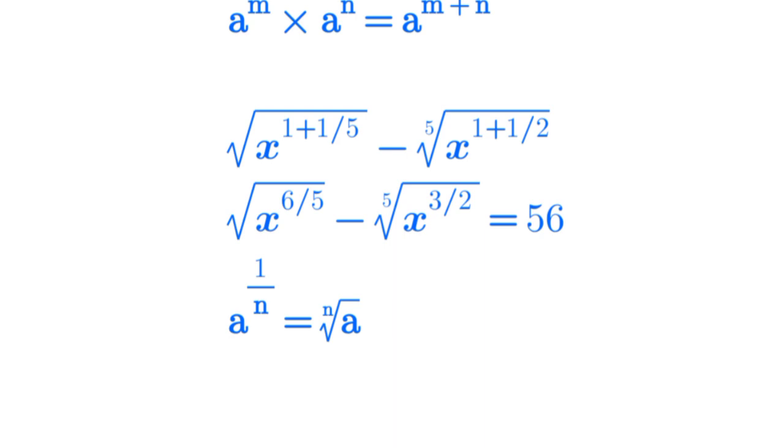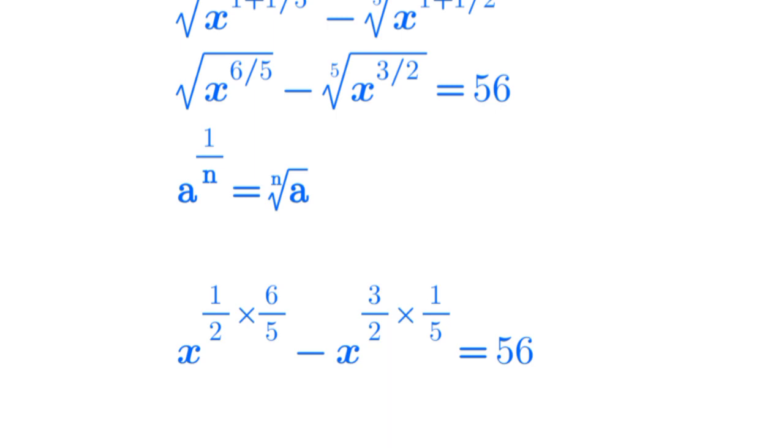So when we apply that, we have x raised to the power of 1 over 2 multiplied by 6 over 5 minus x raised to the power of 3 over 2 multiplied by 1 over 5 is equal to 56. Now this 1 over 2 here is representing our square roots, and then the 1 over 5 is representing our fifth root.